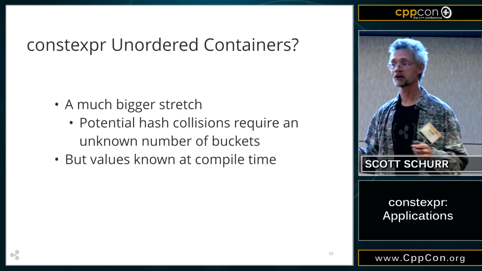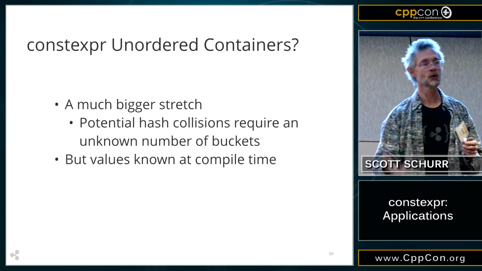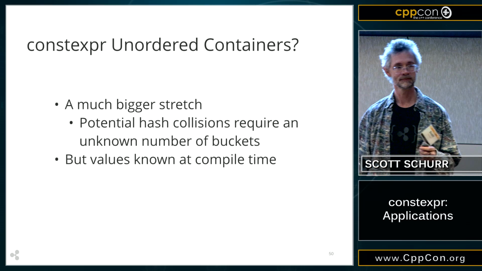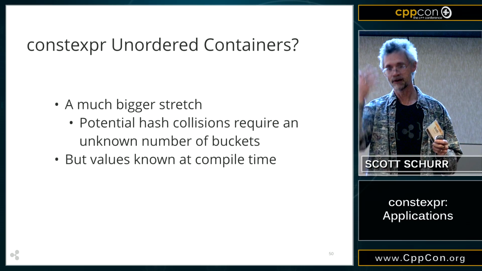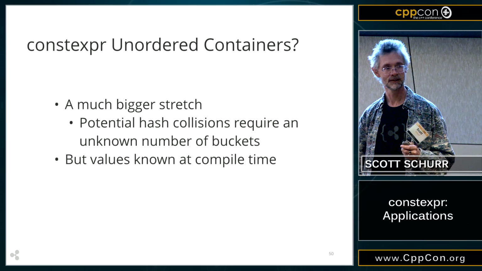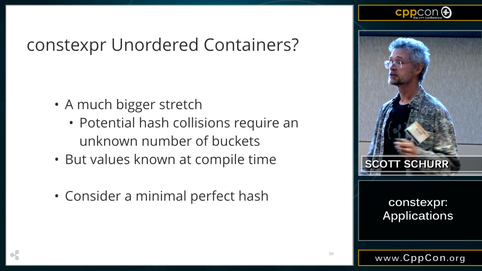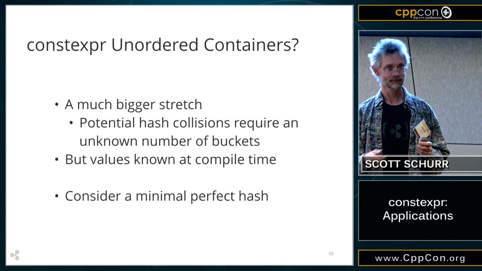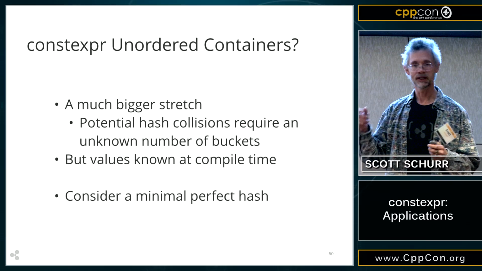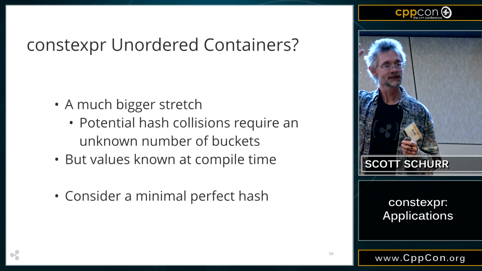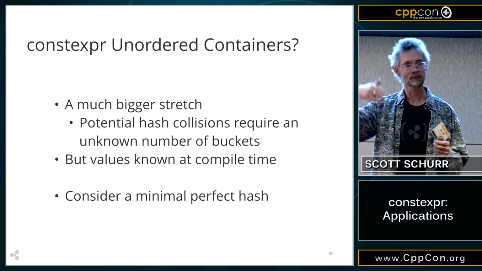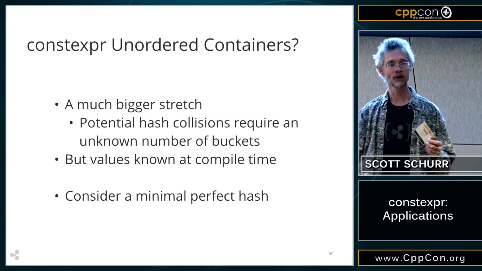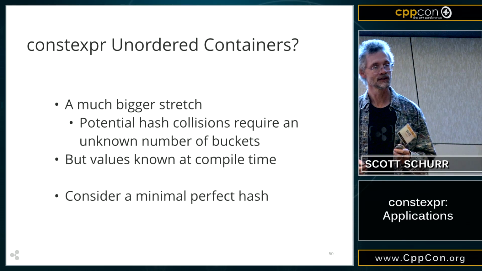So at least the way I solve the problem, we know all of these values at compile time. If we're hashing strings, those strings are there. So if you know what those values are, you can, as a person, go through, or you can have a program that looks at those things and comes up with a perfect minimal hash.